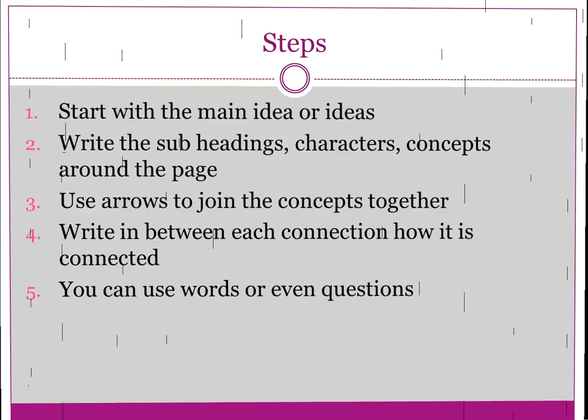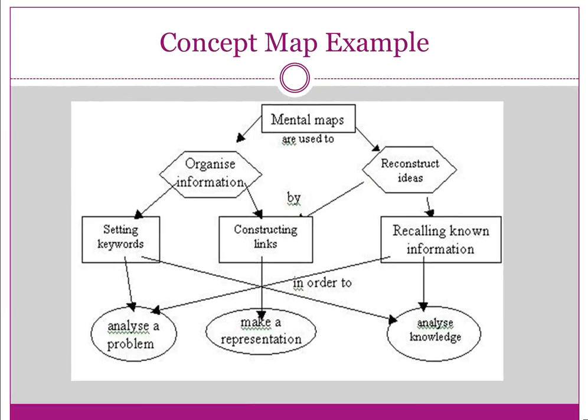And this diagram will actually show you what we mean. So mental map is the other name. As I said, I couldn't remember before. So at the top, you've got the words mental maps, and underneath it, if we go down on the right-hand side, they are used to reconstruct ideas by recalling information. Now that information is analysis. Well, that's spelt wrong, I think. Analysis of knowledge, but it's all analyze.